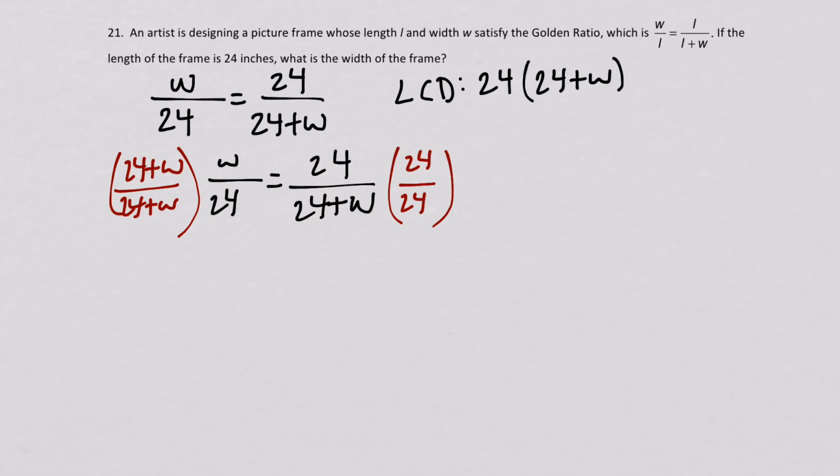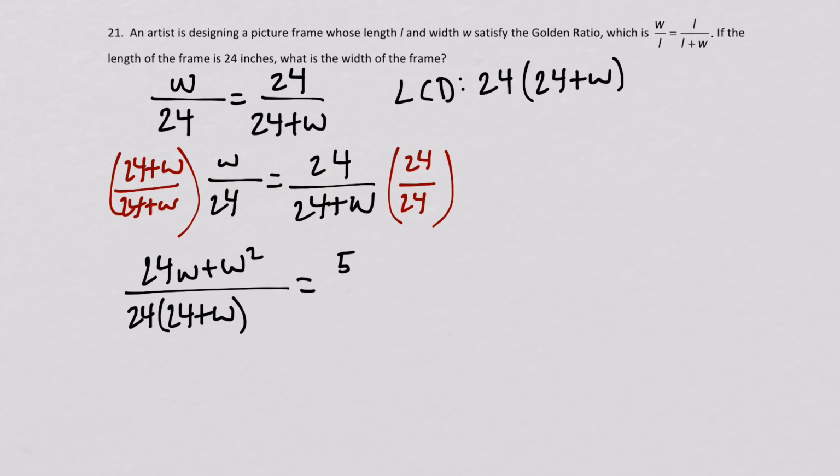Multiply it out. On the left side, you're going to get 24w plus w squared over 24 times 24 plus w, equals 24 times 24, which is 576, over 24 times 24 plus w.